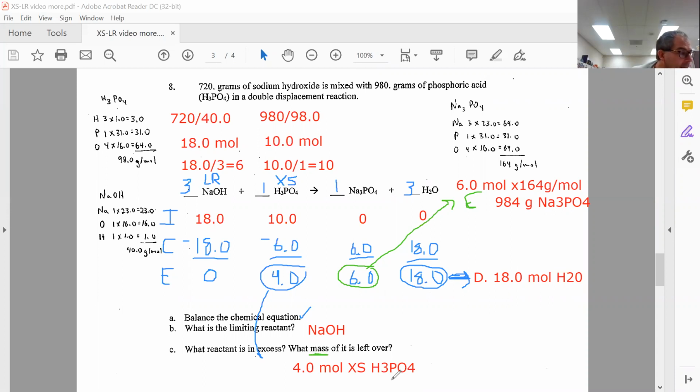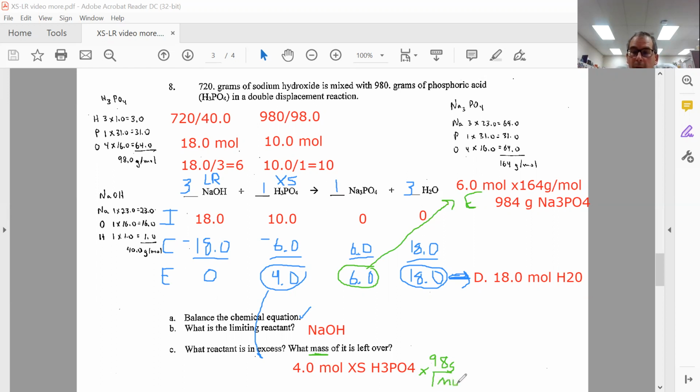So I have to take 4 times what? 98 grams per mole up here. Grams per 1 mole. So that's where you do the double check at the end.